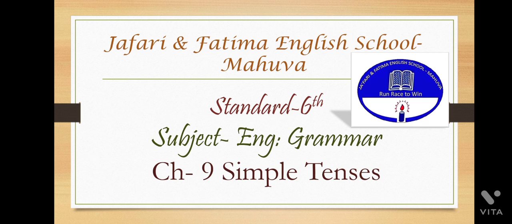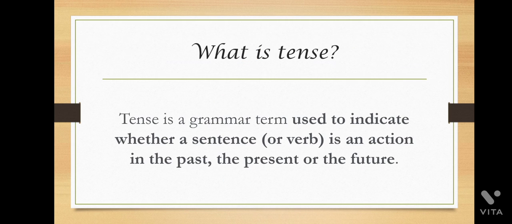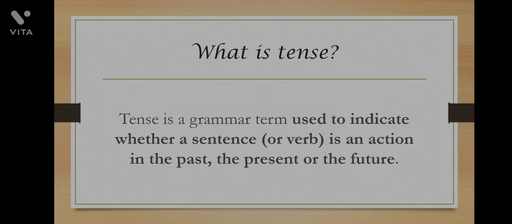Now is it clear everyone about the tenses? What is tense? Tense is a grammar term used to indicate whether a sentence or verb is an action in the past, the present, or the future. And what is simple tense?